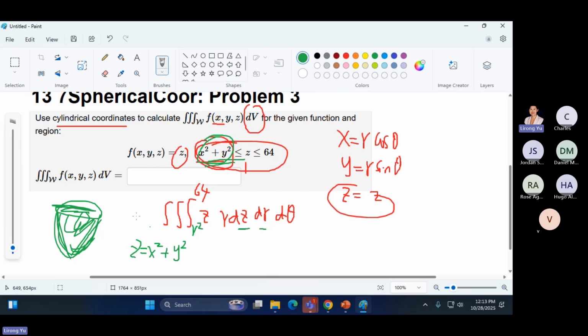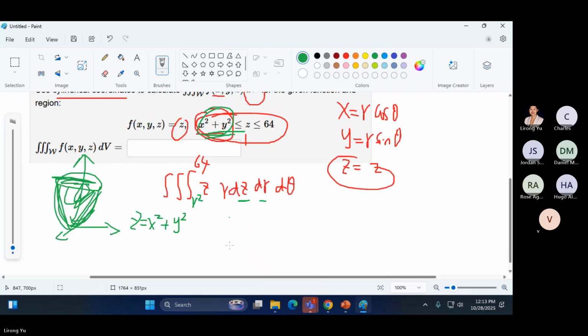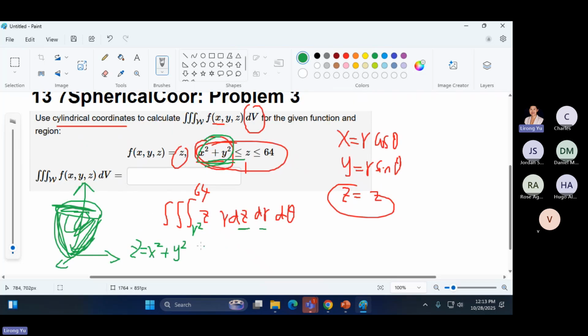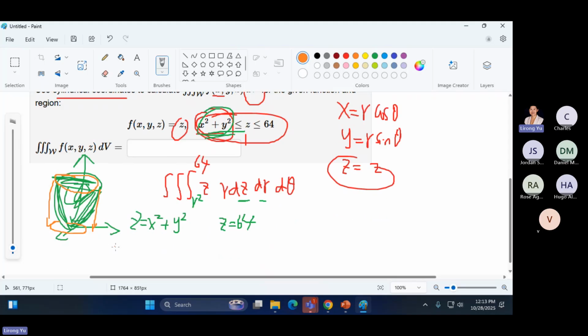All right, as you can see, it's a full circle. Drawing this just to show we got a full circle, and therefore r is from what? What was the radius of the circle? You pair these two together, z equal to x squared plus y squared and z equal to 64. We're trying to identify the edge. This edge is going to project onto the xy plane, and that's why I need to know the radius.